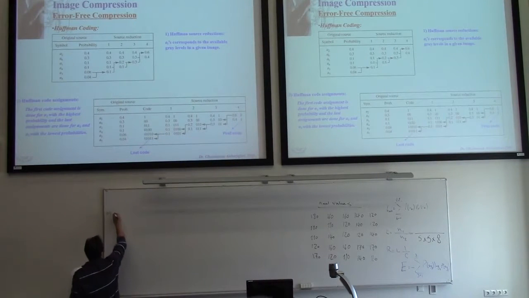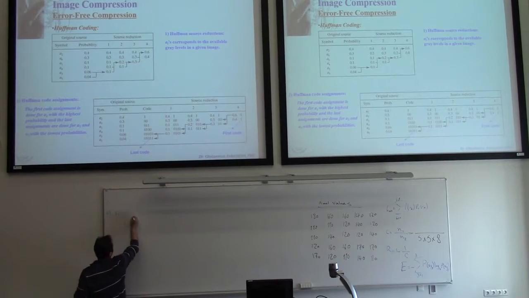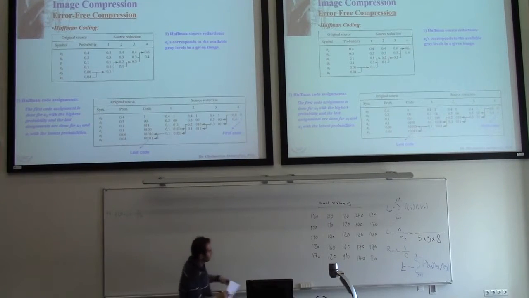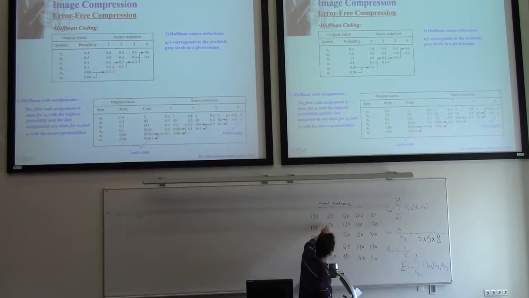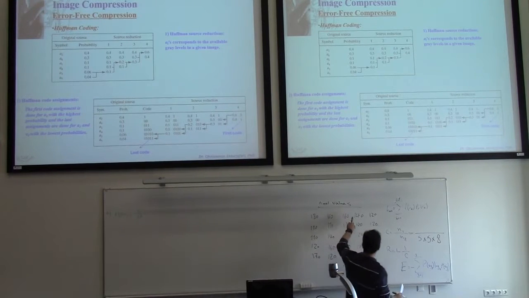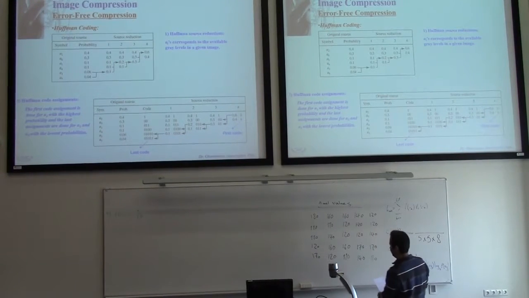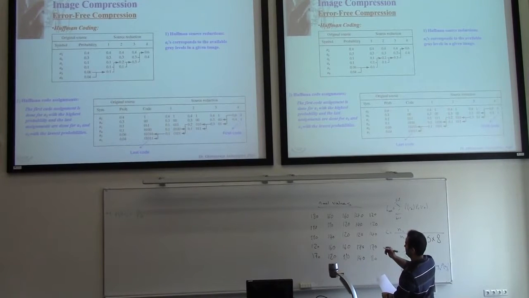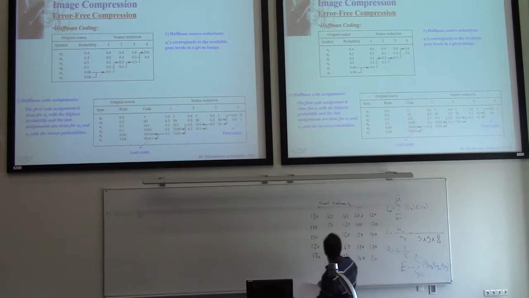We know that, for example, the probability of the gray level 110 is 5/25. Let me check it again. 1, 2, 3, 5. 1, 2, 3. They are fine. It's a 5, yeah.